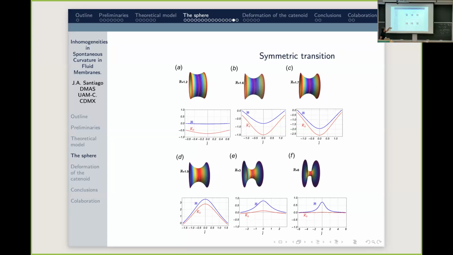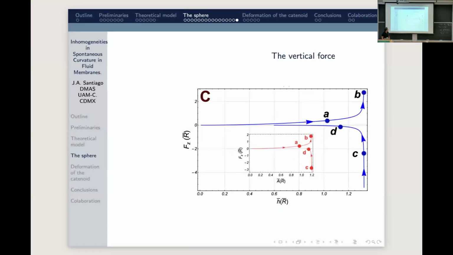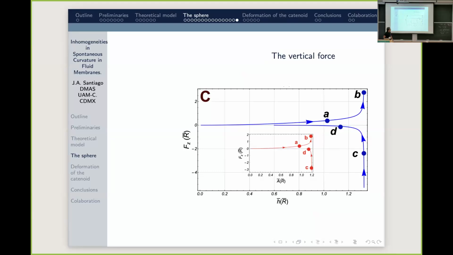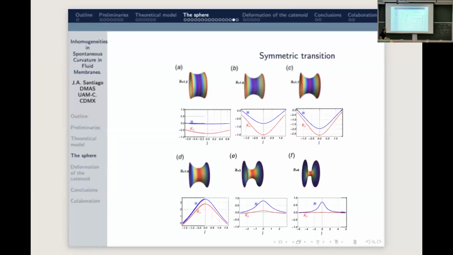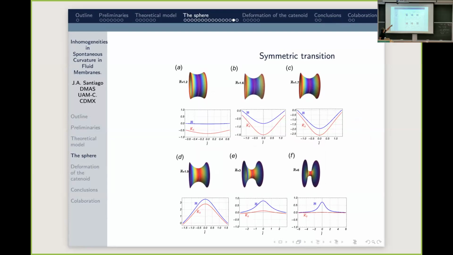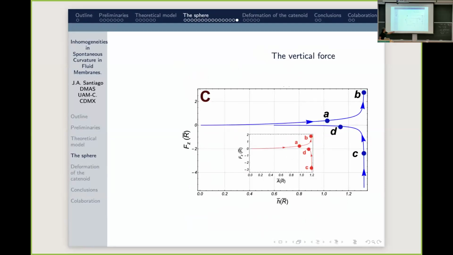I think it's a kind of first order phase transition in this case, right? The vertical force in this case, for instance, the A, B, and C correspond to this A, B, and C in this case, right?